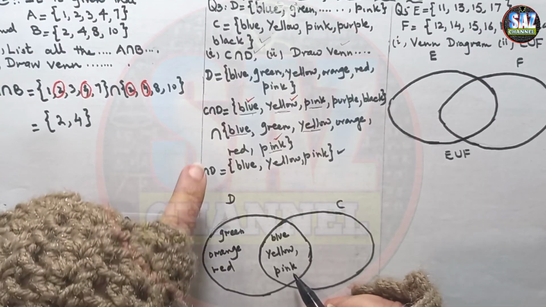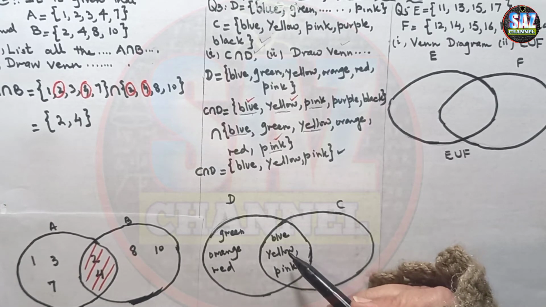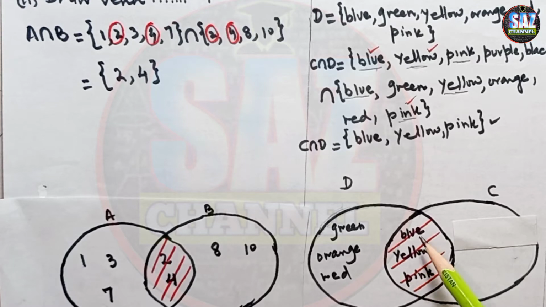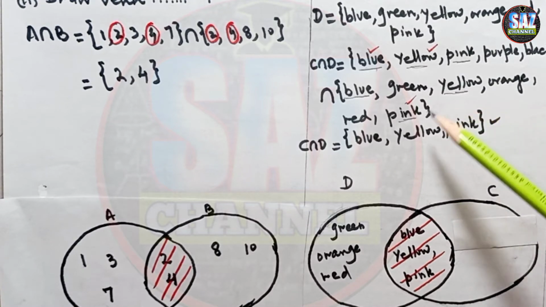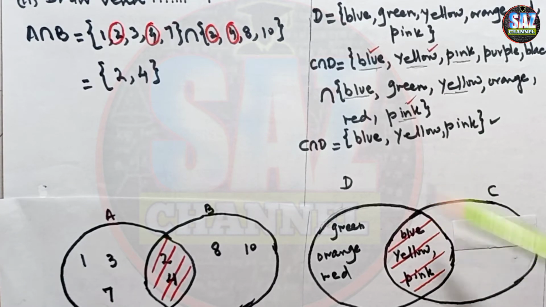Coming to set C, we can see that blue is here, yellow is here, pink is here, and I've written blue, yellow, and pink. These were the common colors in both the sets in the overlapping portion. And coming to set C only, if we check the elements of set C, blue is written here, yellow is written here, and then pink is written here, and we are left with purple and black.